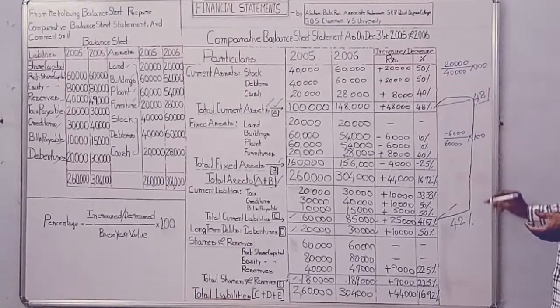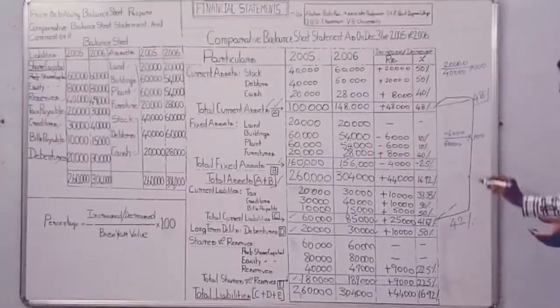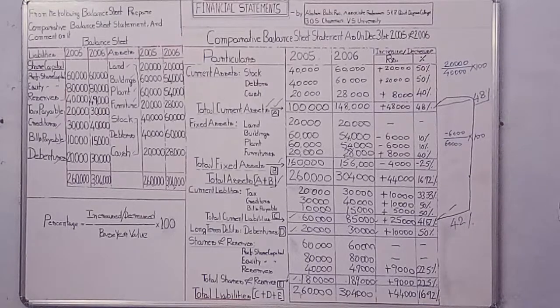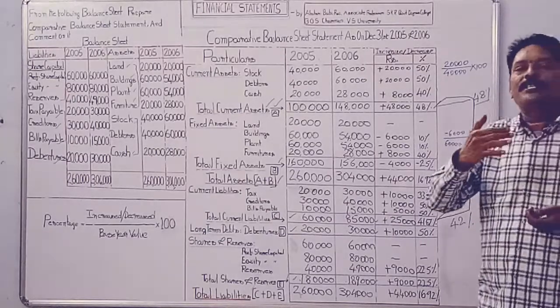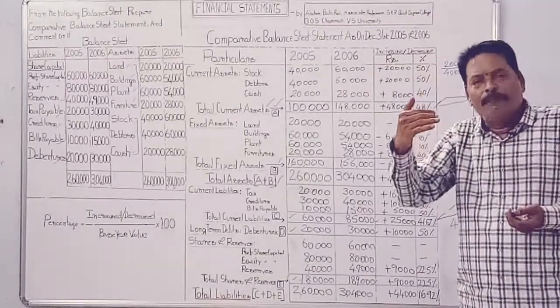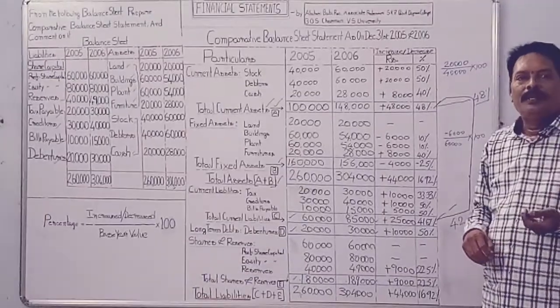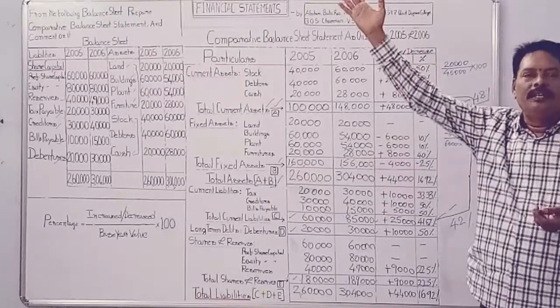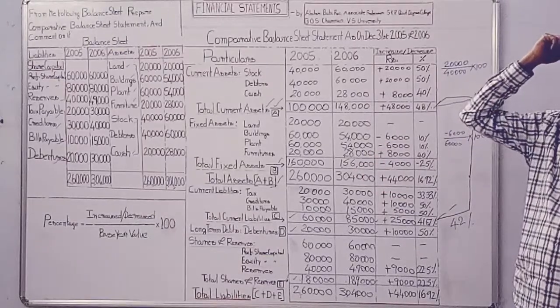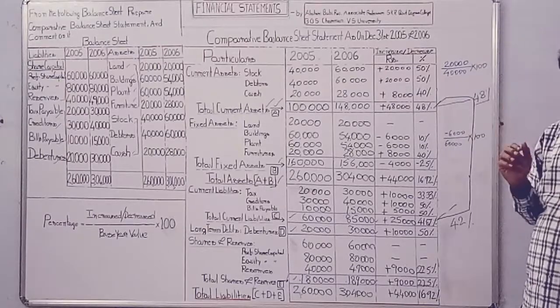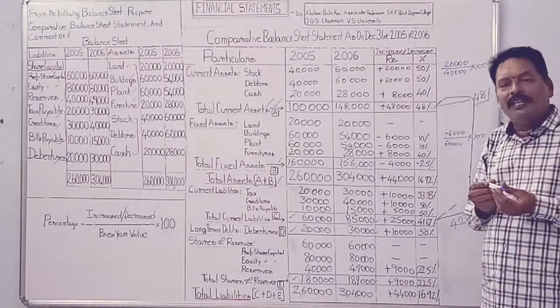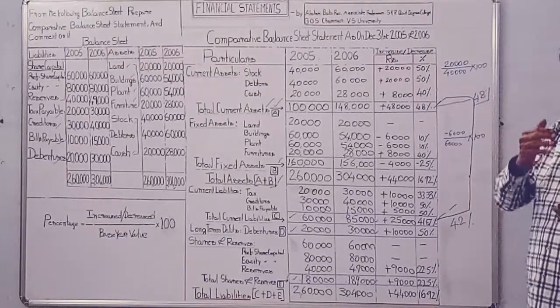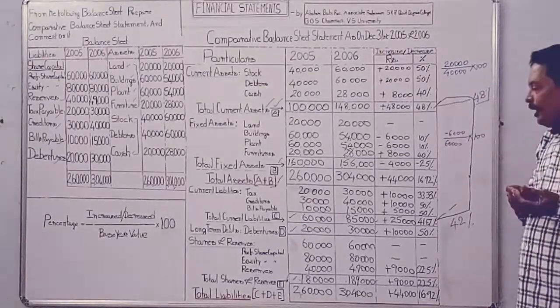When you compare these two values, current assets 48%, current liabilities 42%, it indicates that whenever the current assets are more than the current liabilities, the firm's financial position is very sound. That should be mentioned in your paragraph, made into a report and submitted to the hierarchy or owners or the managers. This is the final touch of the student acting as a management accountant.